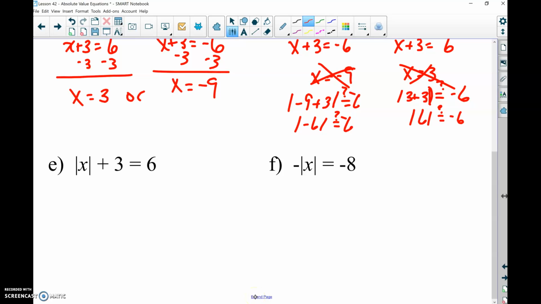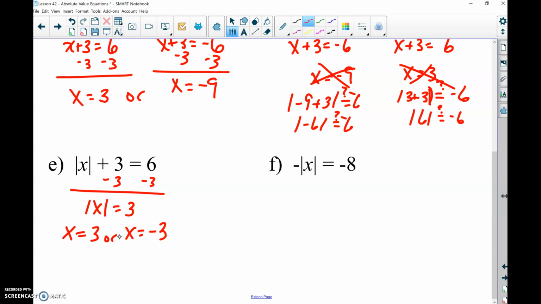Letter E, we want to get the absolute value by itself. So the first thing we do is subtract 3. And then take what's inside the absolute value, set it equal to the same and opposite values.